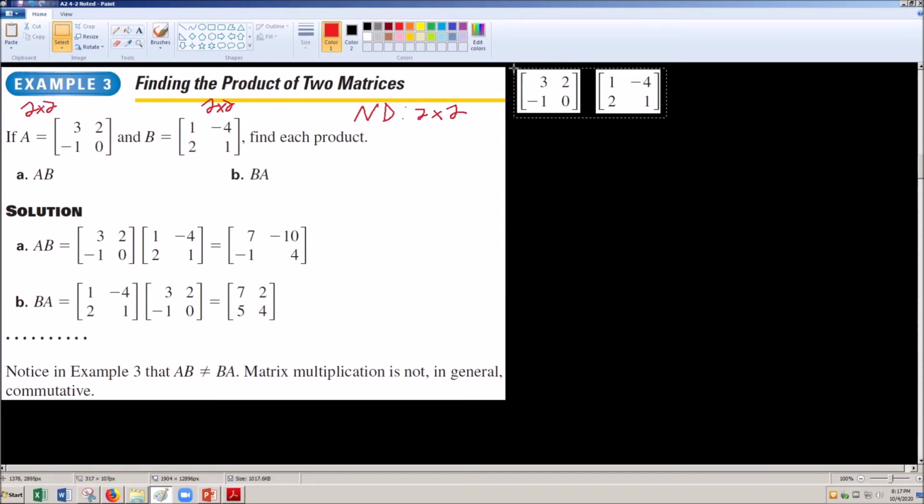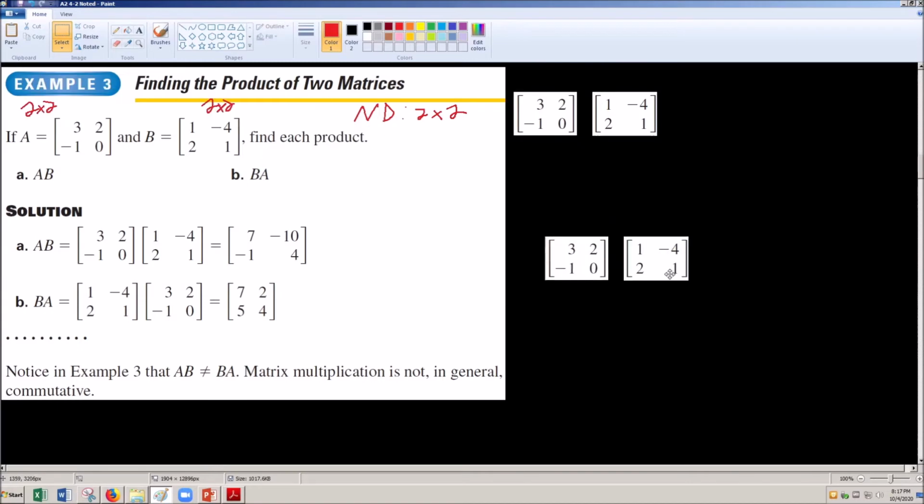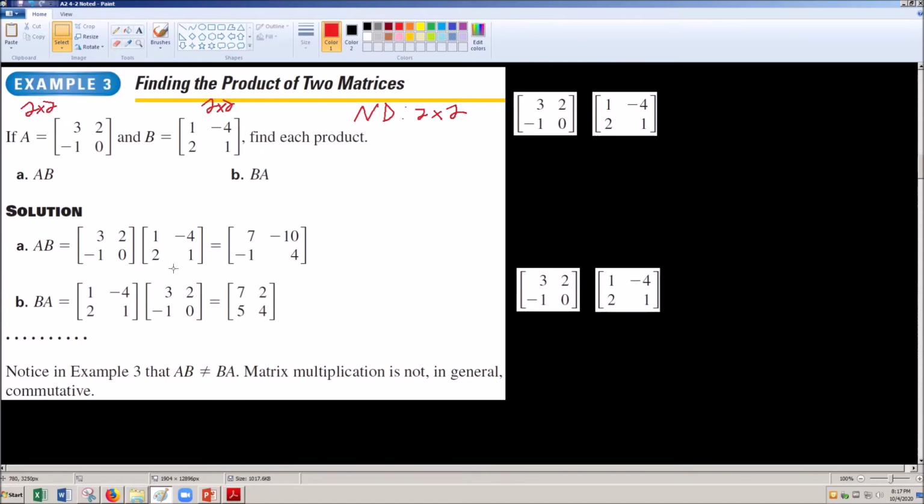That way I can write it out twice, once for our AB and once for our BA. So we'll jot down the AB multiplication part here. And then we'll do the BA multiplication part here.